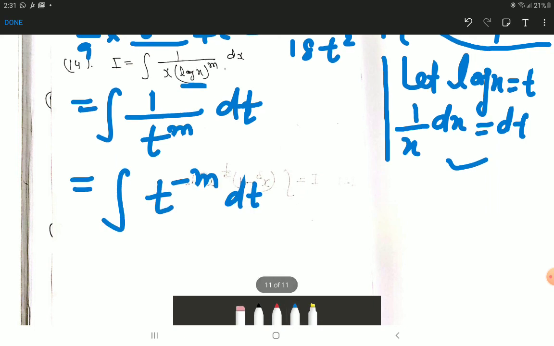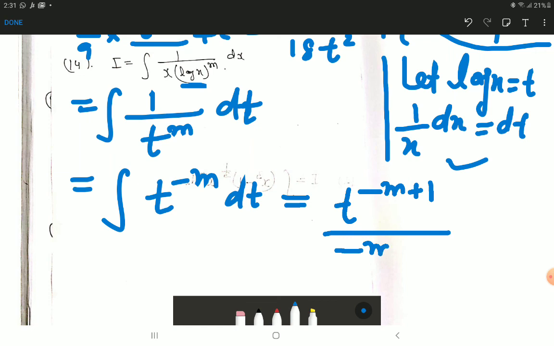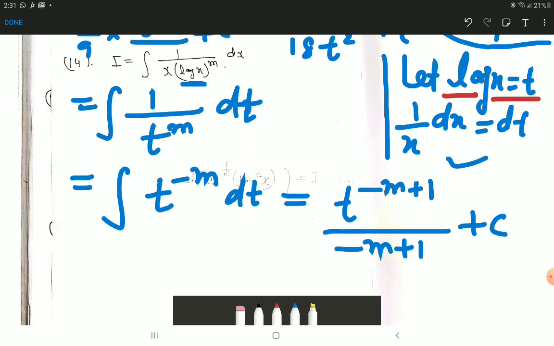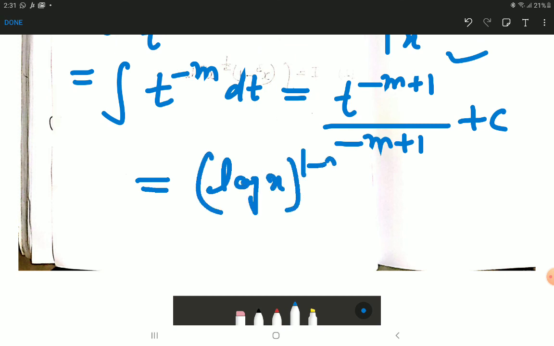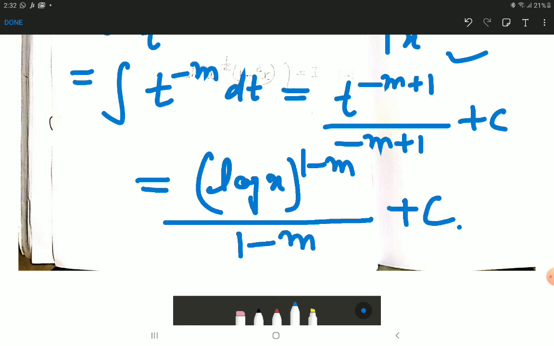So its integration will be t raised to the power minus m plus 1 upon minus m plus 1, plus c. And then feed back the value of t. t was log x. So t can be replaced by log x. So it becomes log x whole power minus m plus 1, can be written as 1 minus m, upon 1 minus m, plus c.